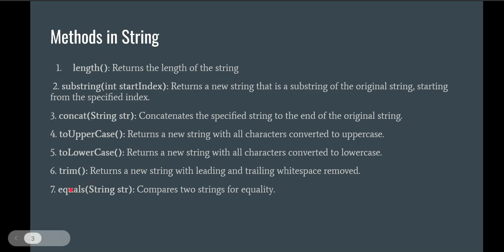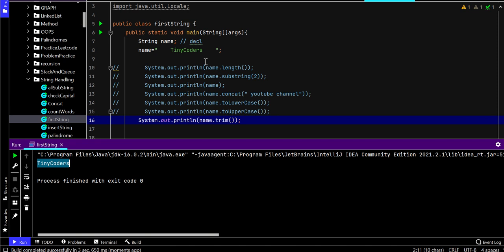Our last method is the equals method. So it compares two strings for equality. Now we will take two strings, which is tiny.